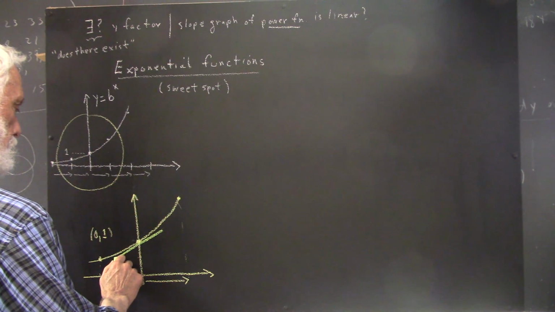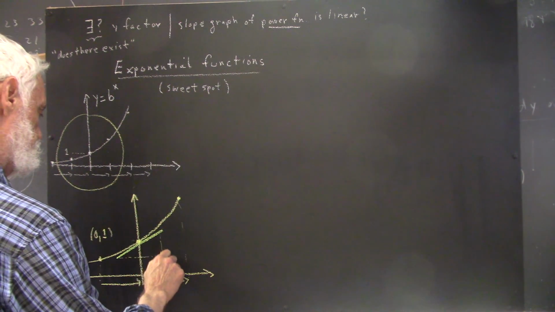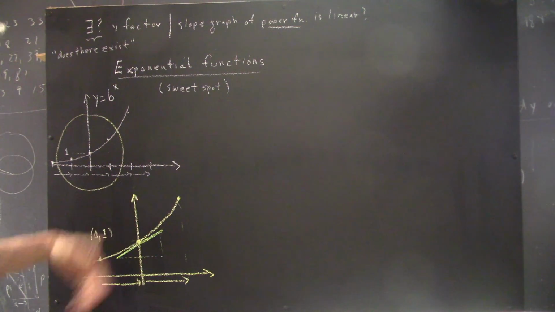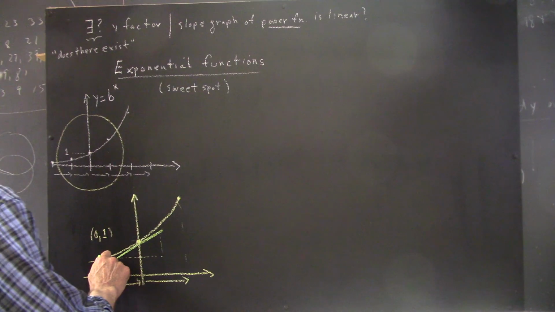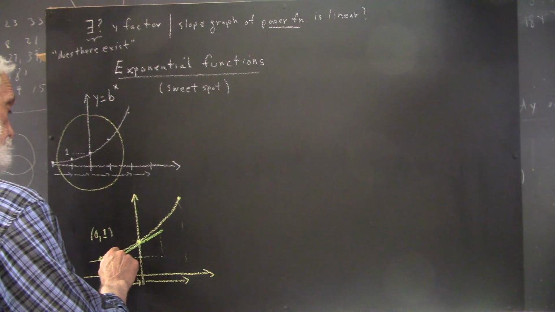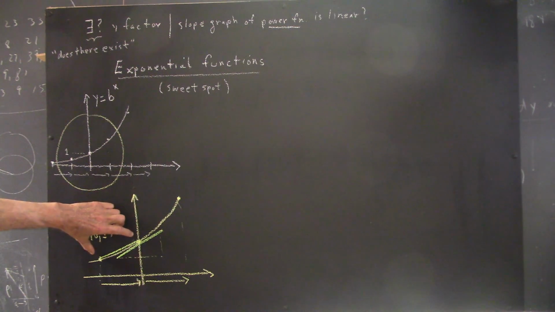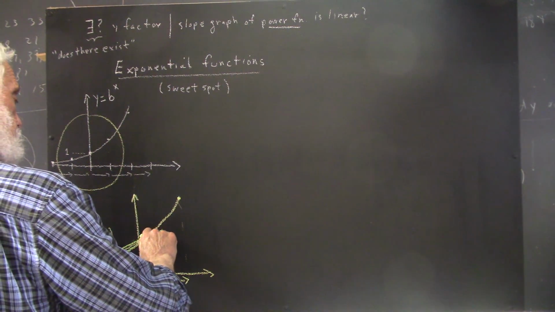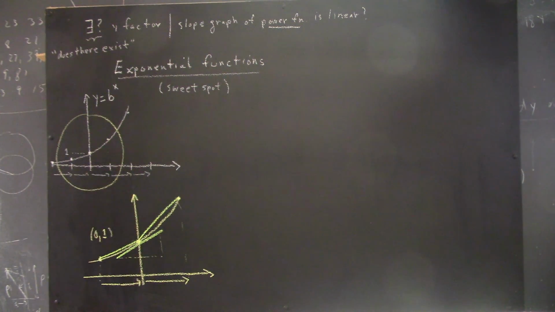And if we draw a little triangle here, we can get an idea of what the slope of the tangent line might be. Okay, if we go from this point to this point, we have a chord. And if we go from this point to this point, we have another chord. Okay, so we have 3 slopes.